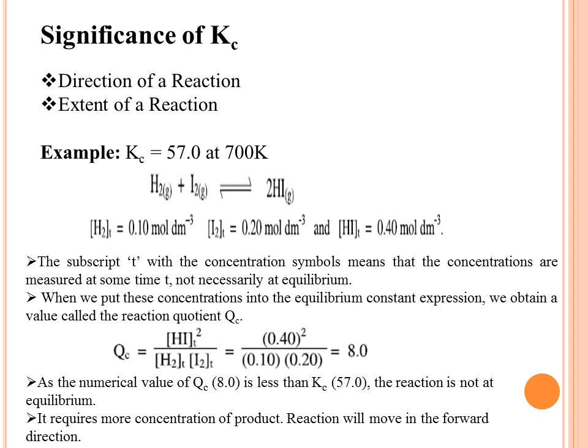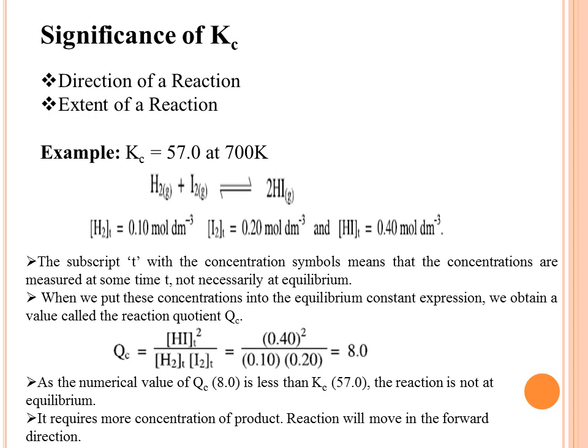If I get the value of Qc as 8 and the value of Kc is 57, so the value of Kc is greater than the value of Qc. The reaction will go in the forward direction from 8 to 57.